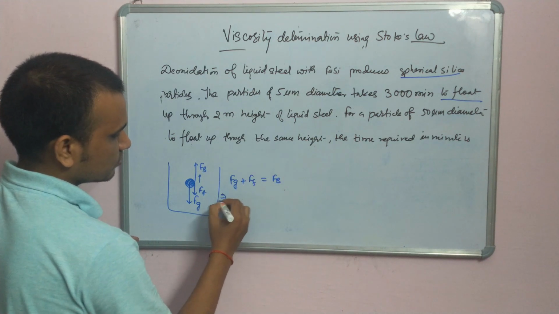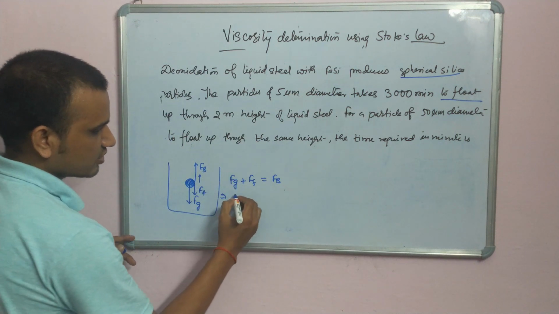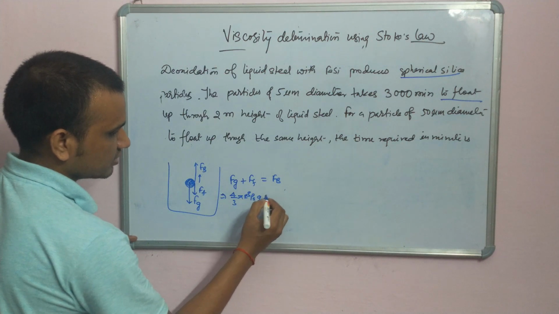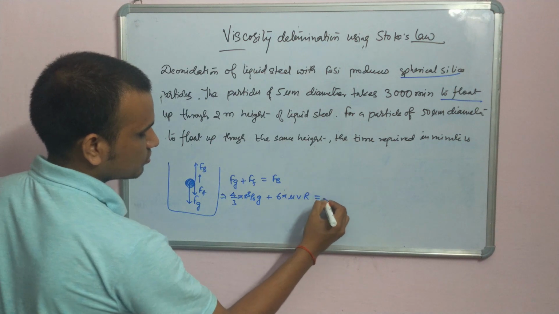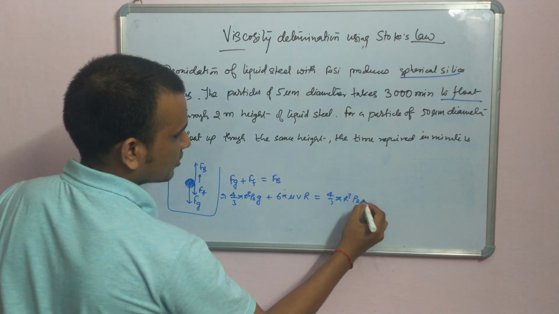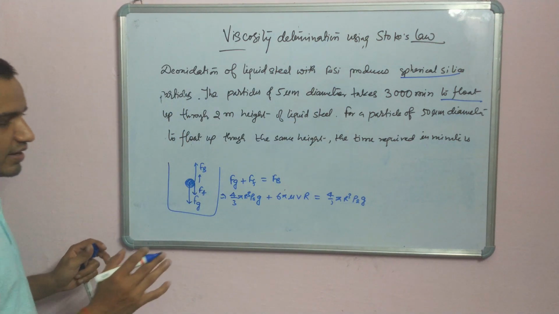This implies, Fg, that is gravitational, will be 4 by 3 pi r cube rho of solid g, plus 6 pi mu V r, is equal to 4 by 3 pi r cube rho of liquid into g. So the equation looks the same.